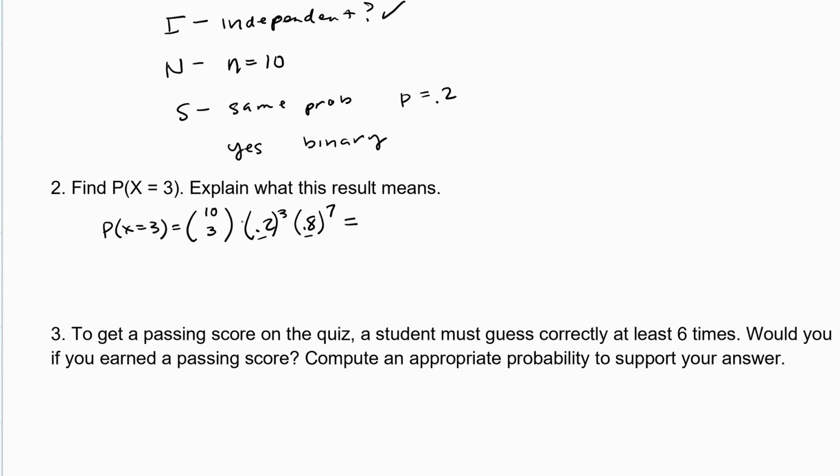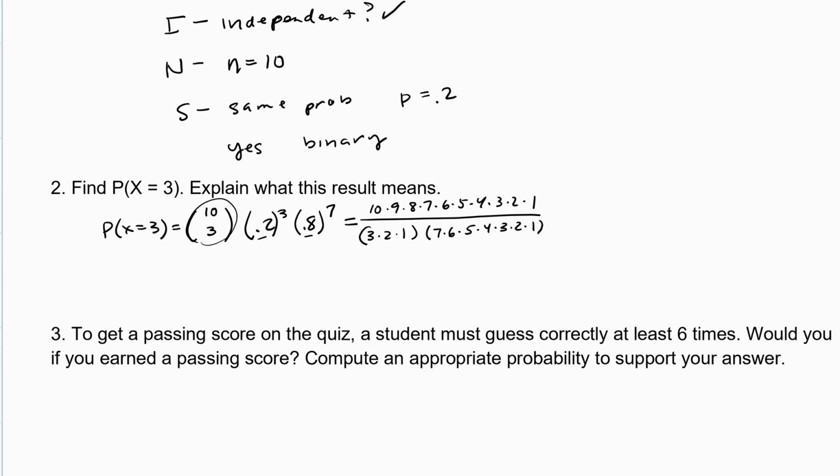Now it's time for 10 choose 3. That's 10 times 9 times 8 times 7 times 6 times 5 times 4 times 3 times 2 times 1 divided by 3 factorial, which is 3 times 2 times 1, times 10 minus 3 factorial, which is 7 factorial, which is 7 times 6 times 5 times 4 times 3 times 2 times 1.